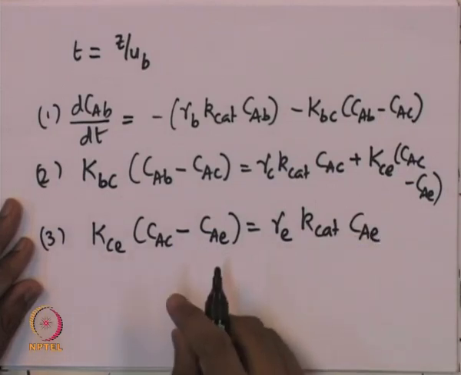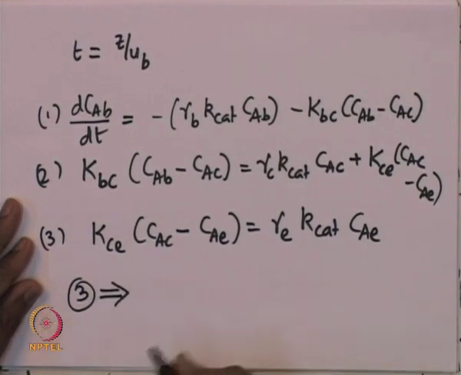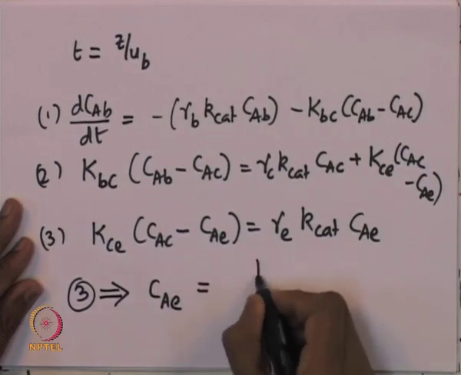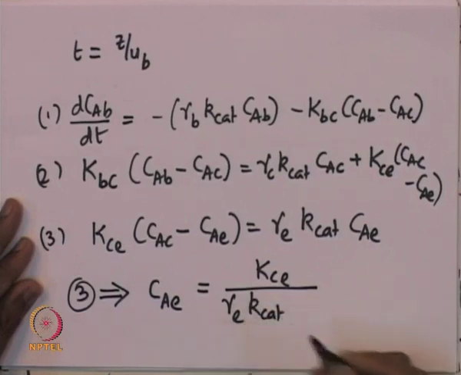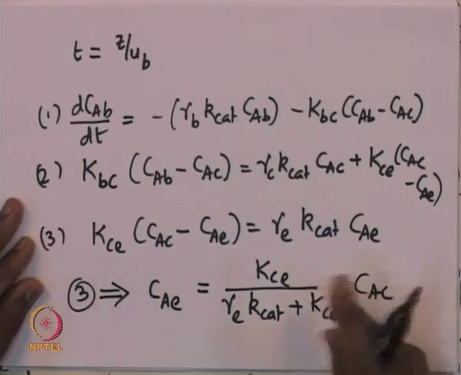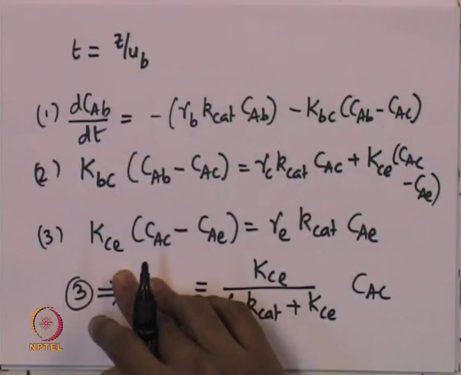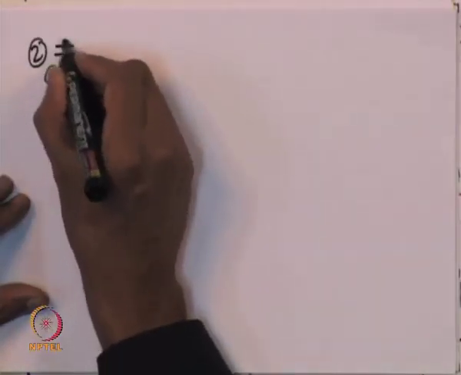Now if I look at the third equation, I can rearrange it and find an expression for CAE, which is equal to KCE divided by gamma E into K catalyst, the reaction rate constant for the catalytic reaction, plus KCE, into CAC. Further rearrangement of the expressions can be performed in order to estimate the concentration of the species in the cloud, and that we can find from the second equation.